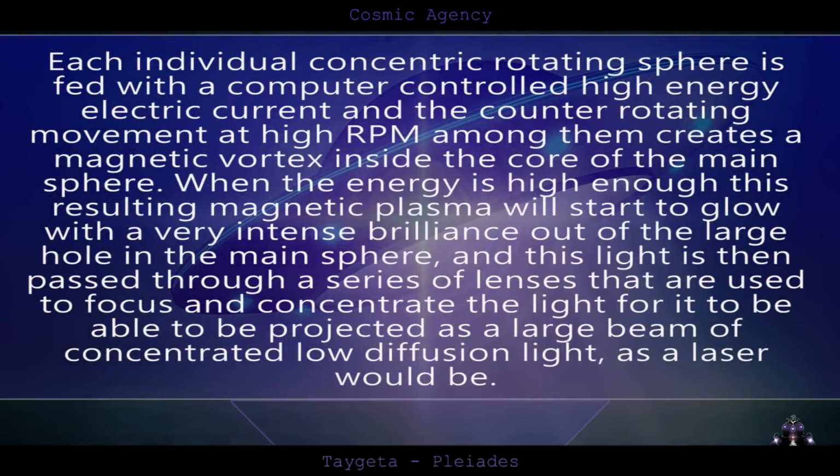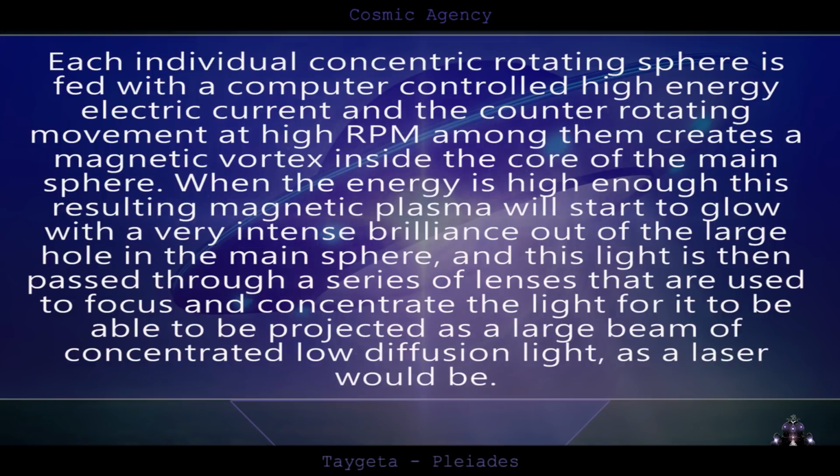Each individual concentric rotating sphere is fed with a computer-controlled high-energy electric current, and the counter-rotating movement at high RPM among them creates a magnetic vortex inside the core of the main sphere.